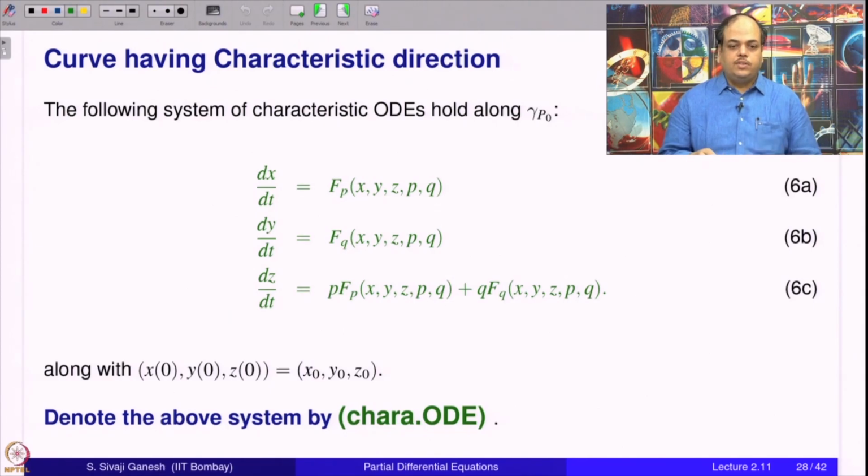Let us denote the above system by chara ODE exactly like we used for quasi-linear equations. The solutions of this, its images will be characteristic curves. Only thing is that it does not determine characteristic curves, that is a problem because there are P and Q here.